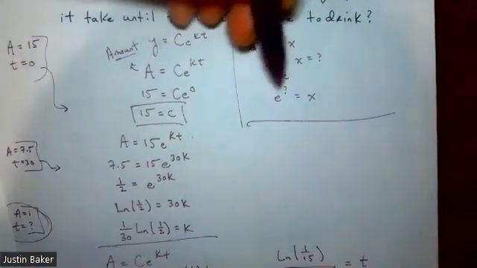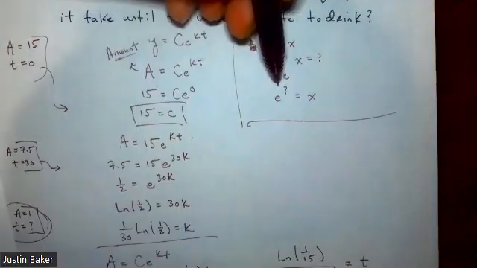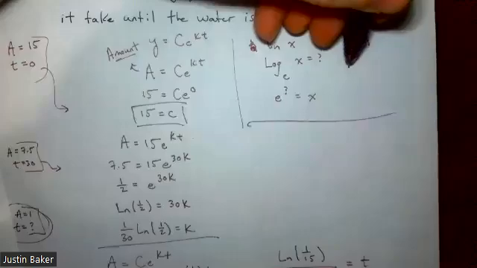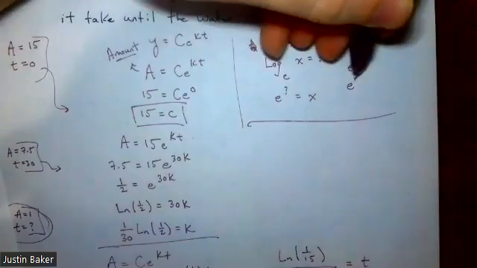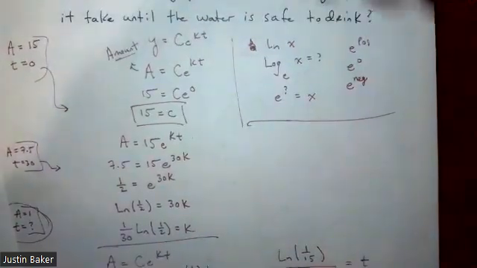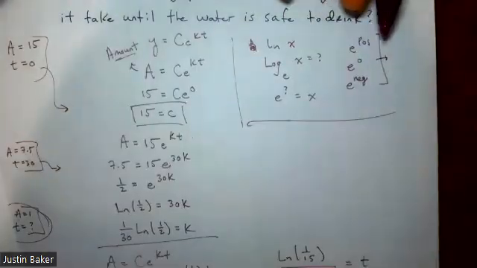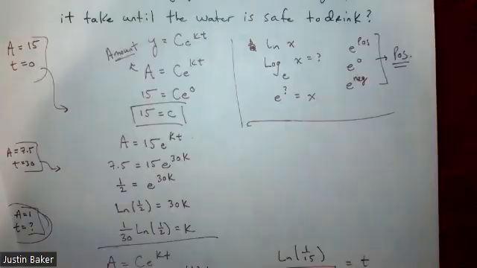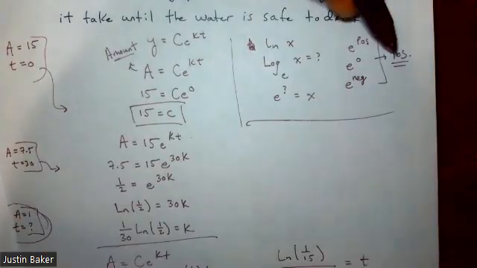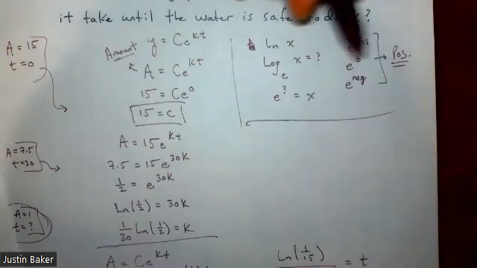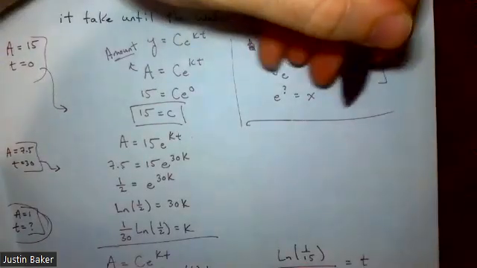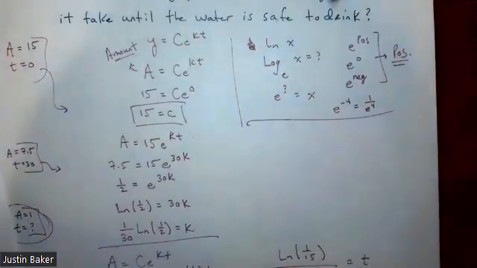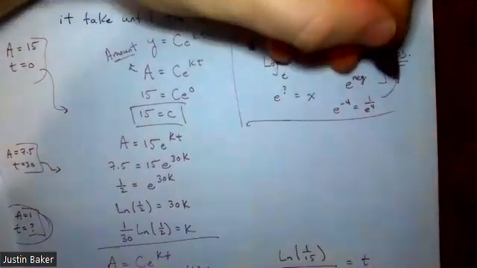And no matter what I raise e to, I could raise e to a positive number, I could raise e to 0, and I could raise e to a negative number. Regardless of which one you pick, the outcome is guaranteed to be positive. E to anything positive is positive. E to the 0 is 1. And e to the negative 4 is just 1 over e to the 4, which is still positive.